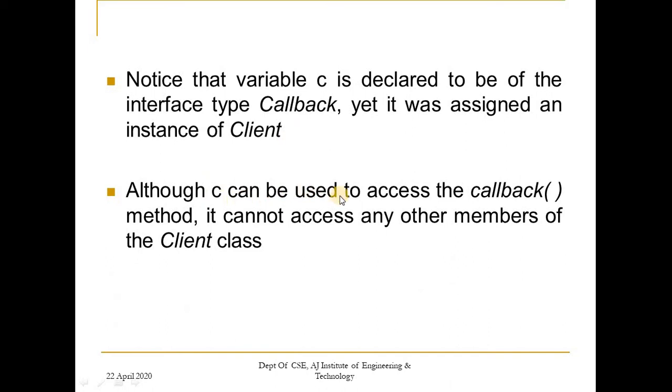Although c can be used to access the callback method, it cannot access any other members of the Client class. Here, the variable c you are using to access the callback method, but the same interface variable c cannot be used to access the other methods, the other members of the Client class.